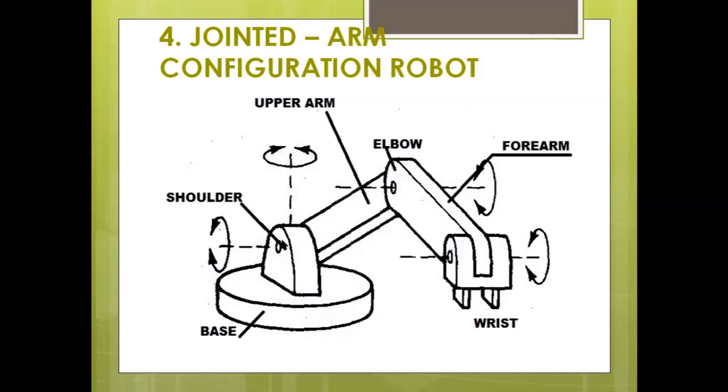By this we are increasing the work envelopment and also the degrees of freedom. One rotary joint is between the shoulder and the base, the second between the upper arm and the shoulder, the third between the forearm and upper arm, and the fourth between the forearm and wrist.